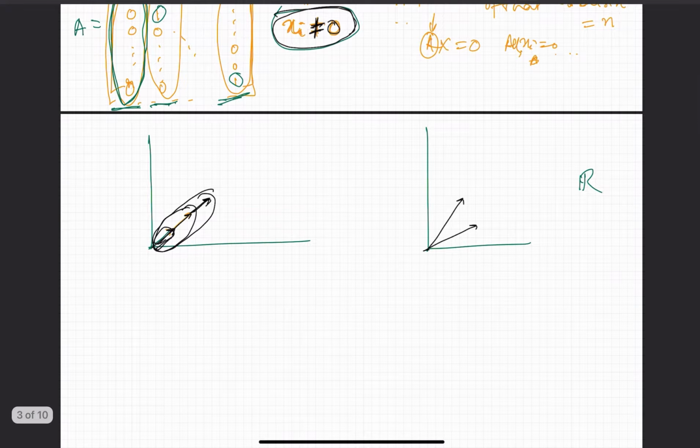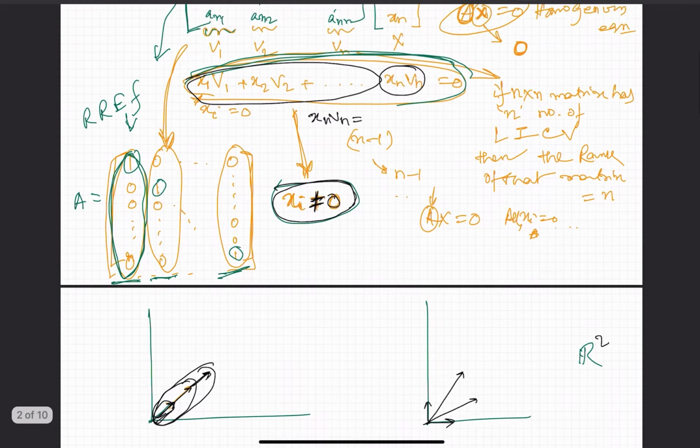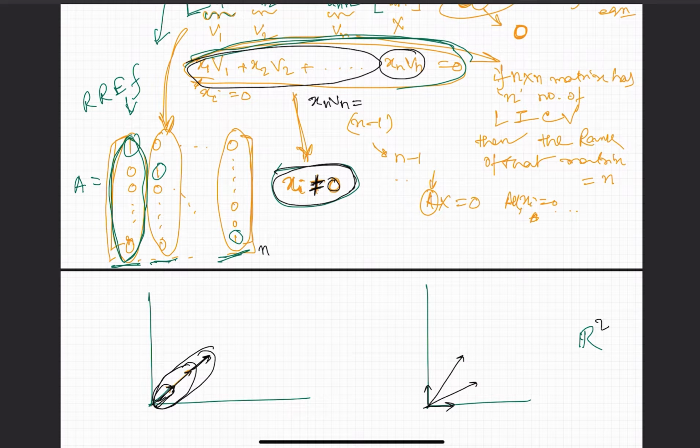So this is the basic concept of linear independence. And obviously all the basis vectors in R2 are linearly independent. In R3 all the basis vectors are linearly independent. As we can see in an n-dimensional case, these are all the basis vectors, and these are all linearly independent vectors.